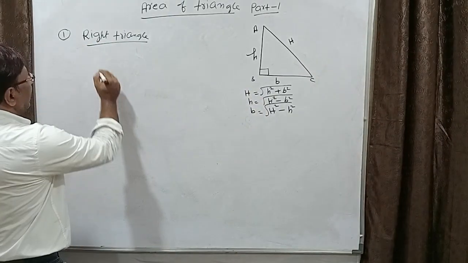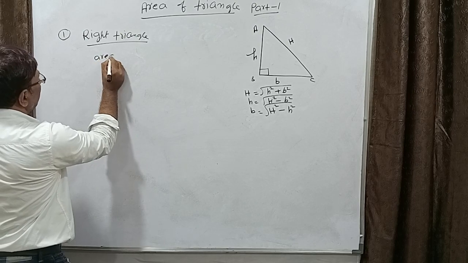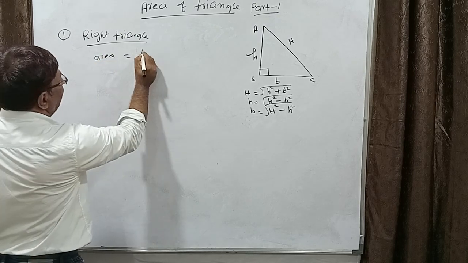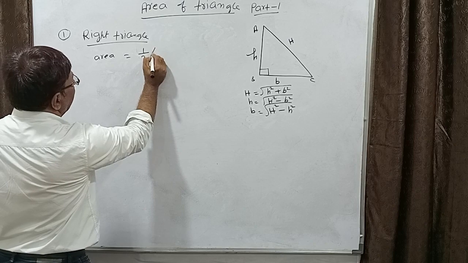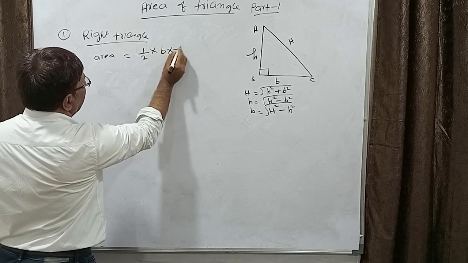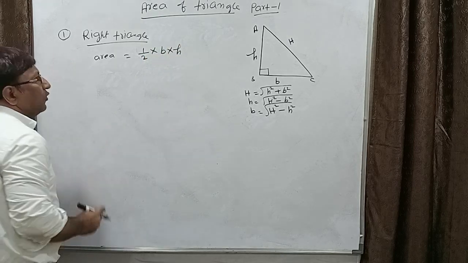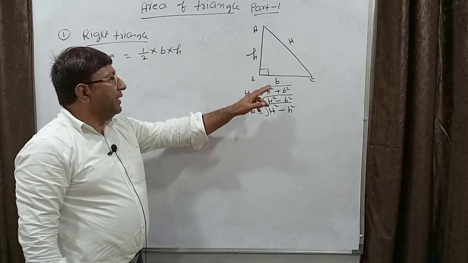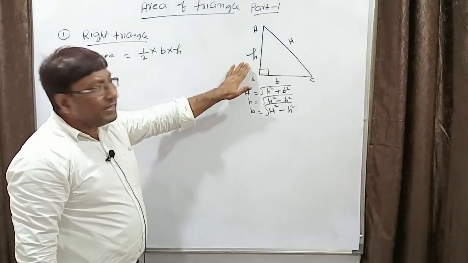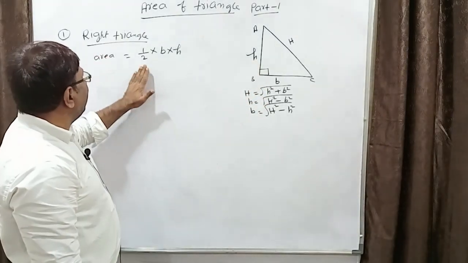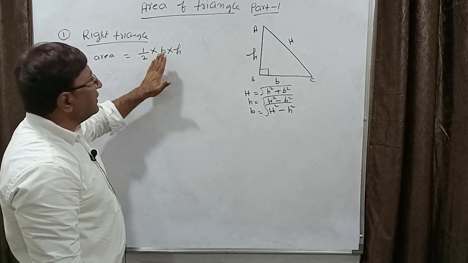Now you see, area of a right triangle is half into base into height. If base is given and height is given, we can easily find the area of the triangle, half base into height.